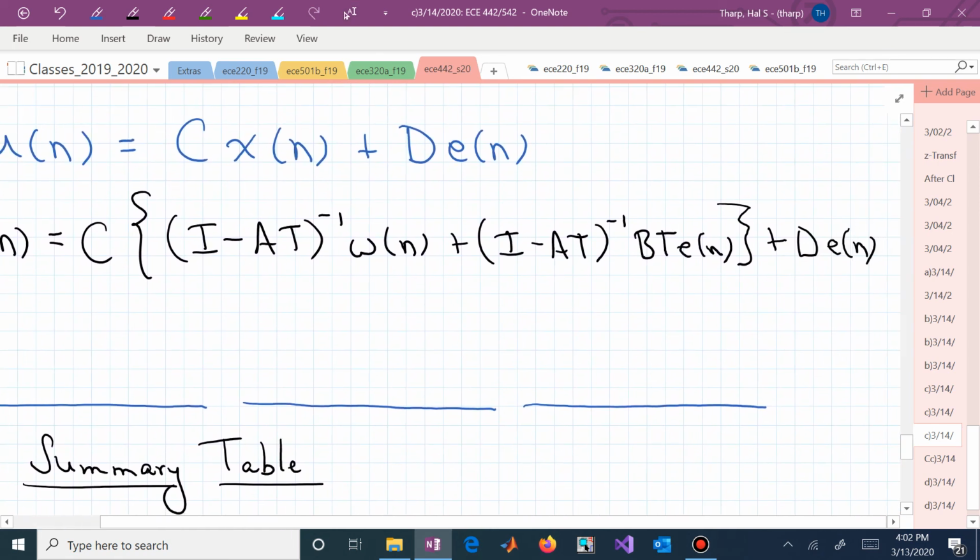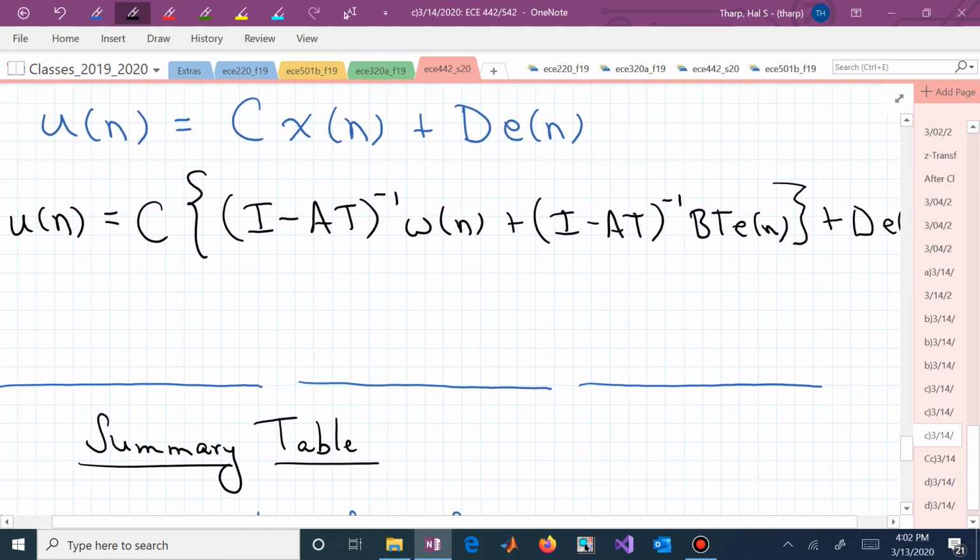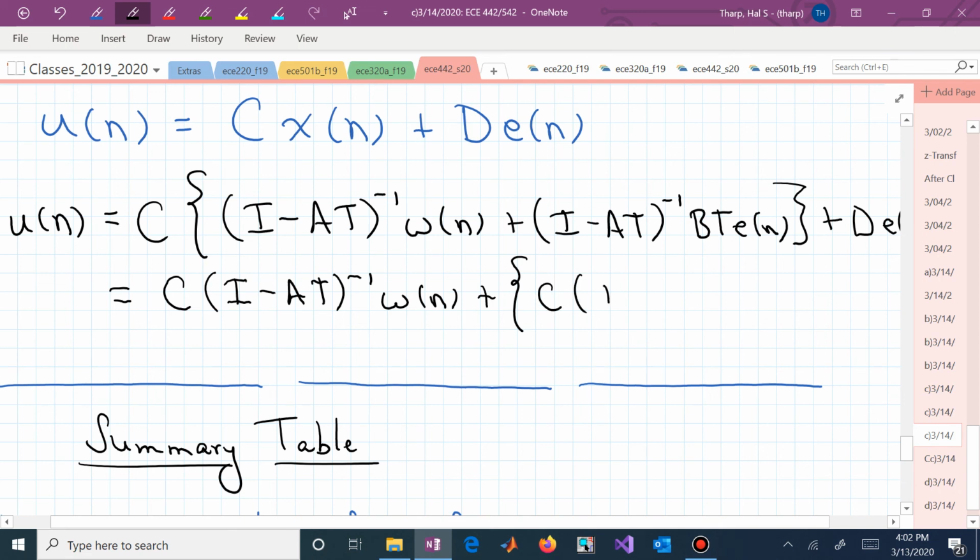And hopefully you can now see that this becomes C (I minus AT) inverse w of n plus a more involved direct feed-through term, C (I minus AT) inverse BT plus D, times e of n.